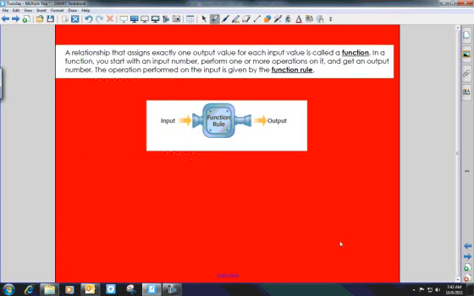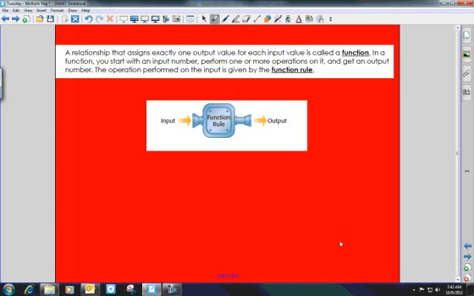Okay, so first of all, let's talk a little bit more about the function rule. We did a little bit of this in the sequence assignment when you had your X column, your process column, and your Y column. That's called a function rule. So a function rule is a process or a relationship that when you have one value that you put into the process, you get one value out of it.